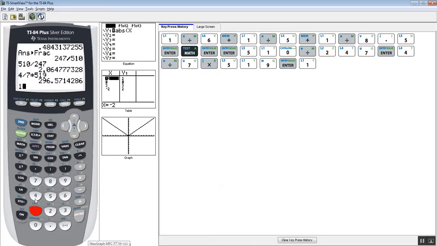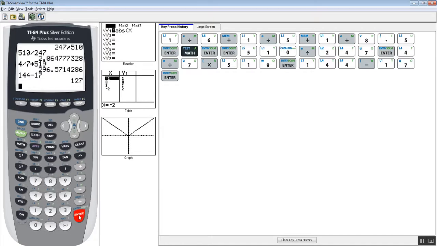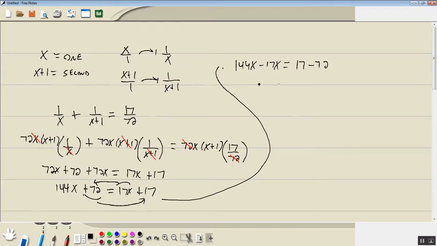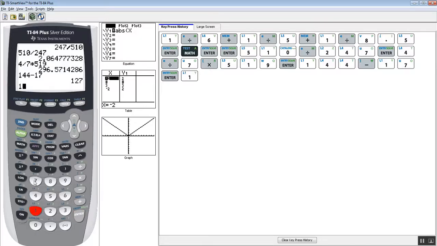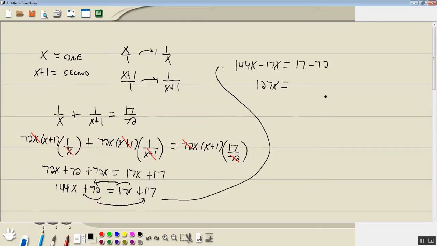I don't think it's right. 144 minus 17 is 127x. 17 minus 72 is negative 55. Divide both sides by 127. And we definitely don't get an integer. Okay, let me see.